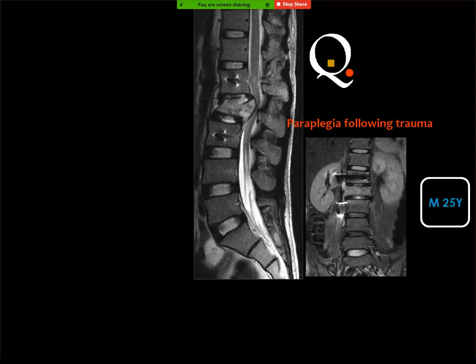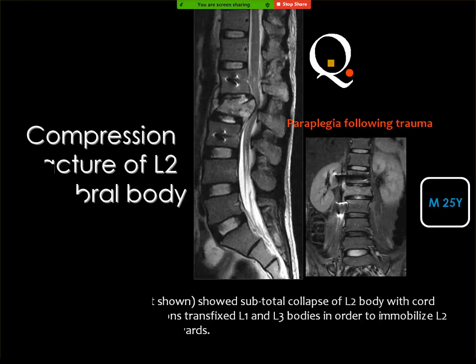Enhancement of the bone marrow edema does not mean that this is a malignant process, because some clinicians and radiologists may think that because of enhancement, you consider malignancy and you send the patient for biopsy. No, this is a fracture, and if you biopsy the fracture, you will add more burden to the vertebra itself.